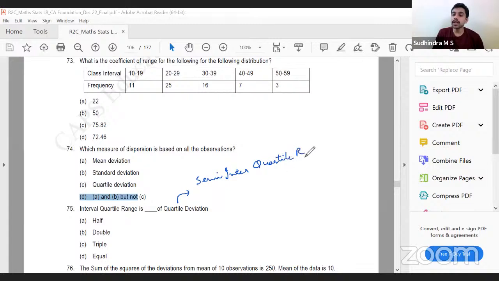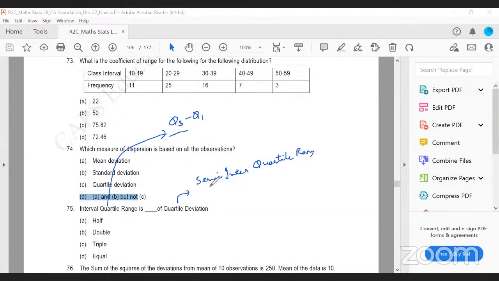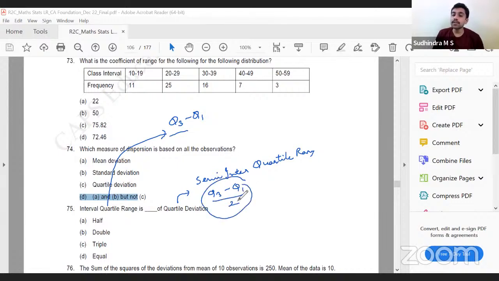The interquartile range is Q3 minus Q1, whereas quartile deviation is Q3 minus Q1 by 2. So quartile deviation is half of that, or the interquartile range is double the quartile deviation. Understood?